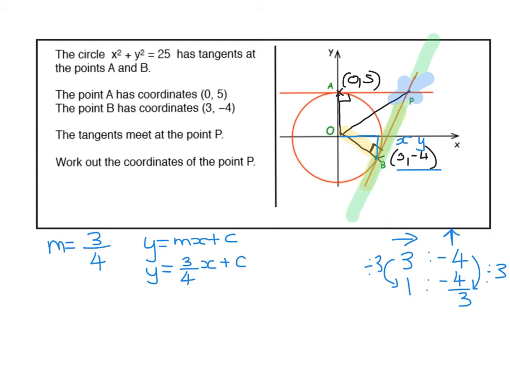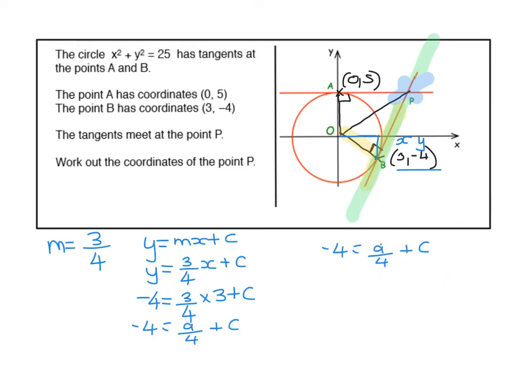So y was minus 4, and my x was 3. So minus 4 is 3/4 times 3. So 3 times 3 is 9, divided by 4, plus c. I've just moved it over here so that I can carry on my balance method.